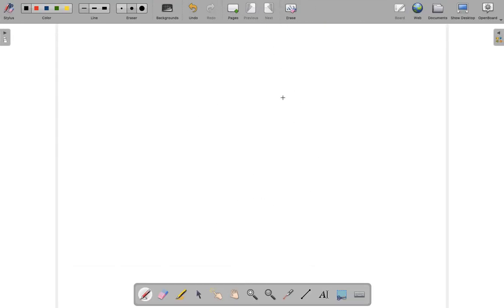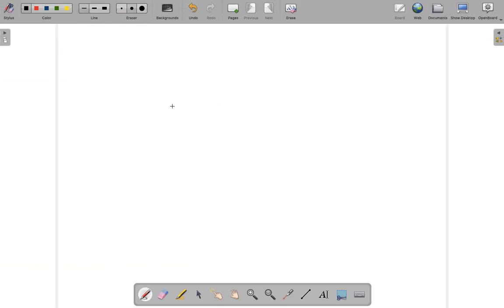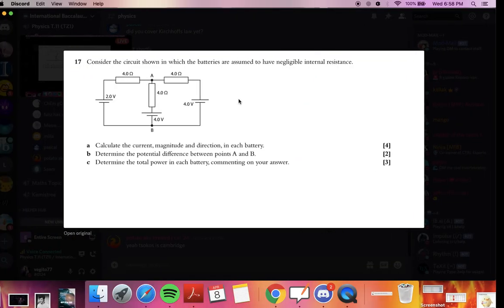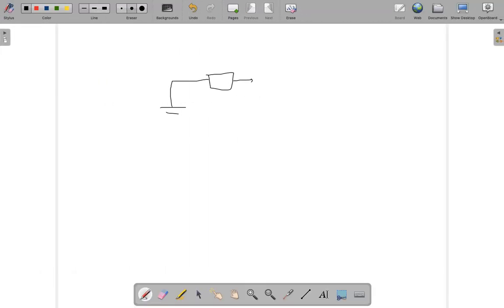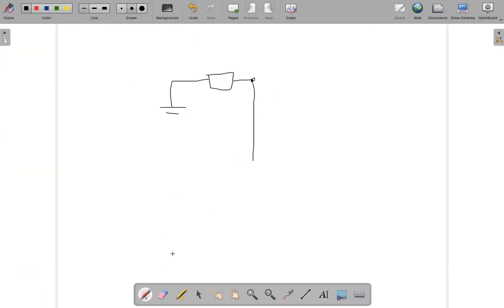Let me first redraw this diagram. We have a cell over here, and then bridging out down. We have a few things over here.